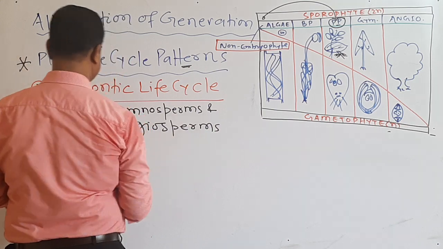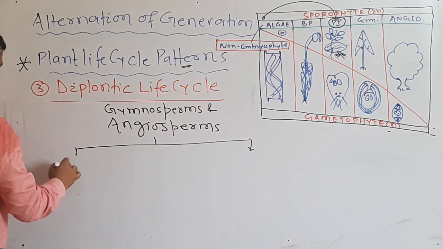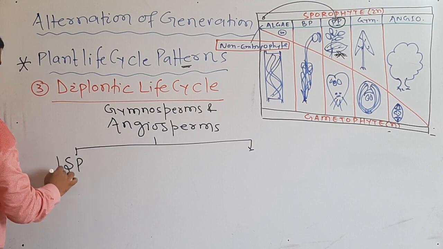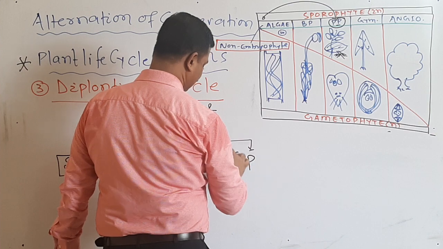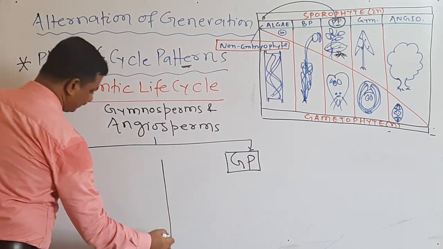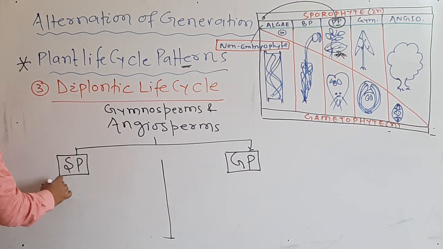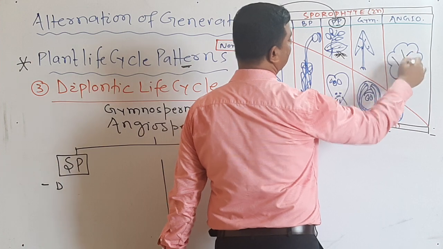As we discussed, again it will show two important phases. First will be the 2N phase, the sporophytic structure, then the gametophytic structure. You tell me what happened. Again, this is dominant. See how these structures are very much dominant.